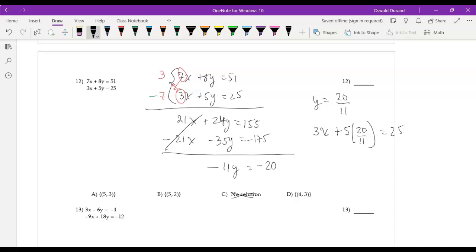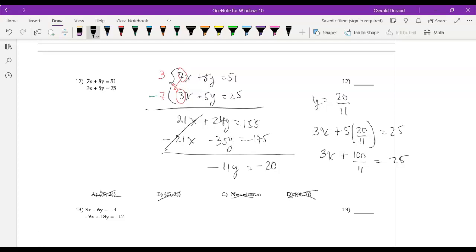Negative 7 times negative 35, right? 7 times 5 is 35. It bothers me, but maybe I'm doing something wrong and I'm not seeing it. Sometimes there's typos. But anyway, let's move on. So 3x plus 100 over 11 equal to 25.